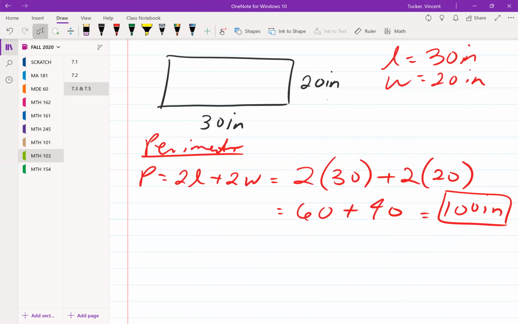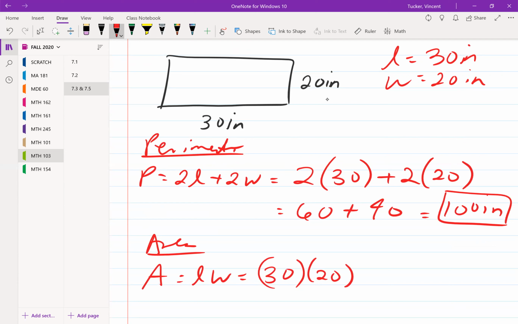Now, if I wanted to find the area, I'll use the formula of length times width. That's 30 times 20, and that would be 600 inches squared.